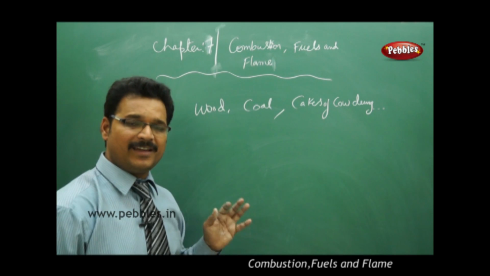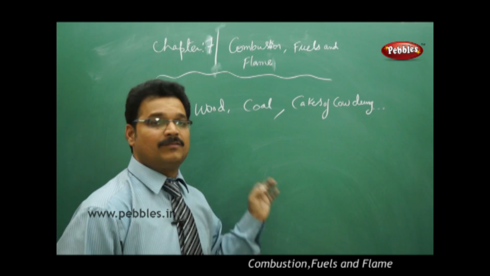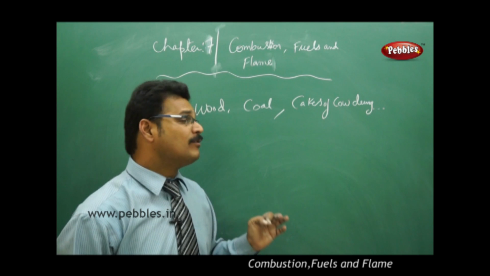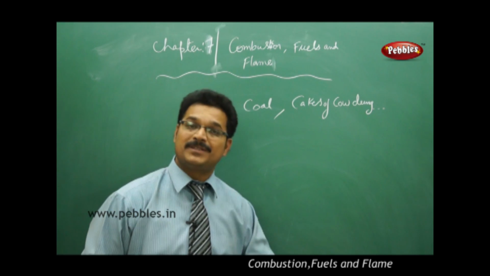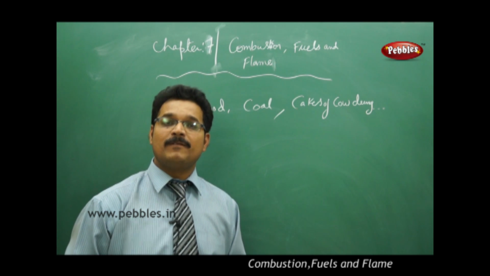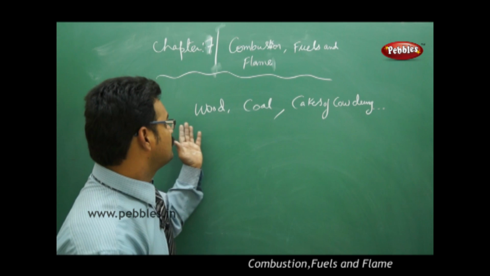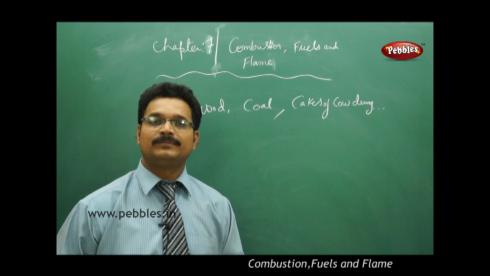These are available, cheaper and safer for the people in rural areas, where they use them for cooking purposes. Not only for cooking, but for anything which they want to do by heating process, they use these three materials.